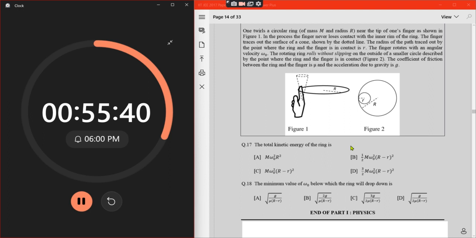I said the contact point is just, yeah. The finger's contact is R, right? It's the point where the ring and finger meet. That is R, right? And we know that thing is omega naught. So this is also just omega naught, right? Of course. Yeah, that's the thing. Sure. So it's just translating. That's why it's the same velocity.